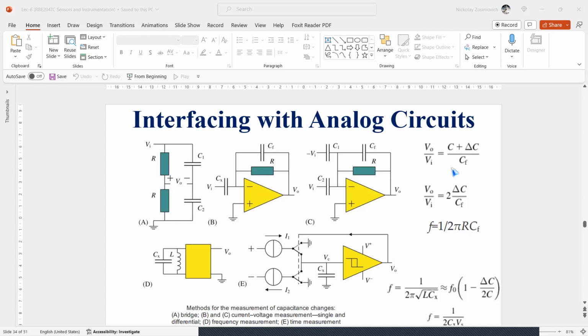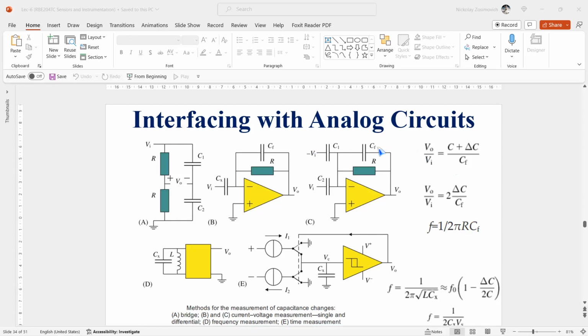The transfer is frequency independent if resistance R in figure C is left out. However, the circuit does not work properly in that case due to integration of the offset and bias current of the operational amplifier.